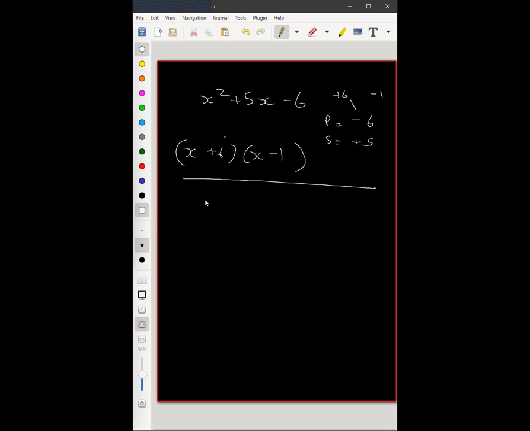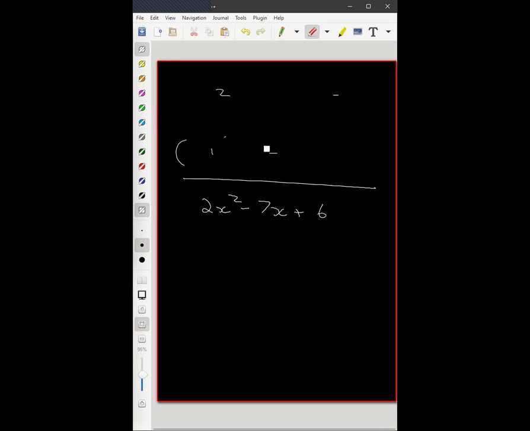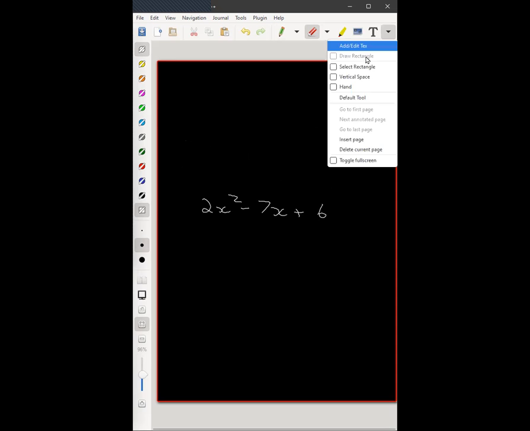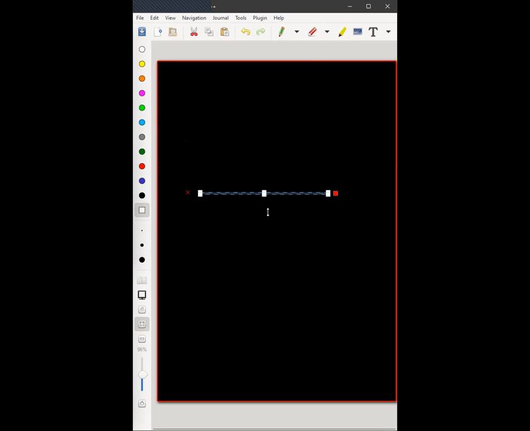Do one more. Let's do 2x squared minus 7x plus 6. Quickly do this, we're running out of time. 2 minutes to solve this one.